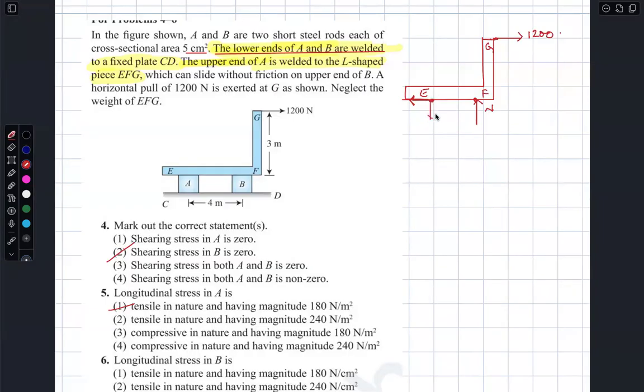There is one more force here, N1, N2. That's it. So the sum of the upward forces balances the sum of the downward forces for the equilibrium. Now, everything lies here. The only information given to me is this force. I can confidently say that this force is F. F is obviously 1200 Newton.